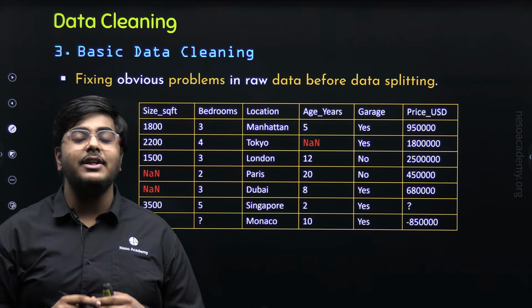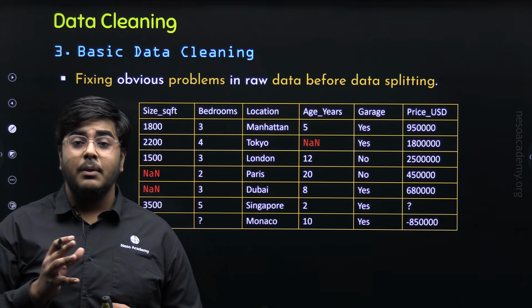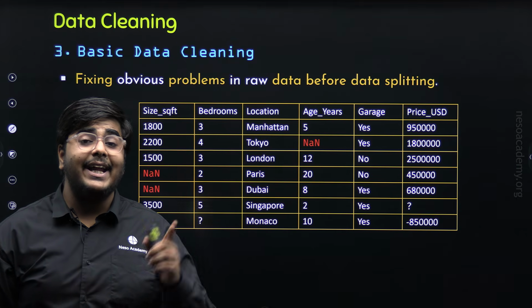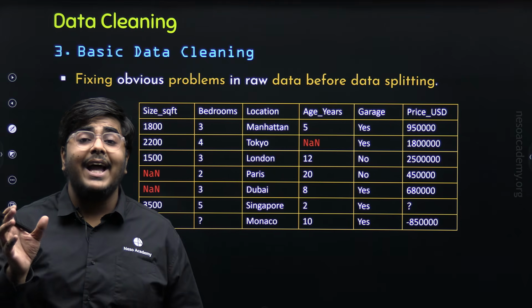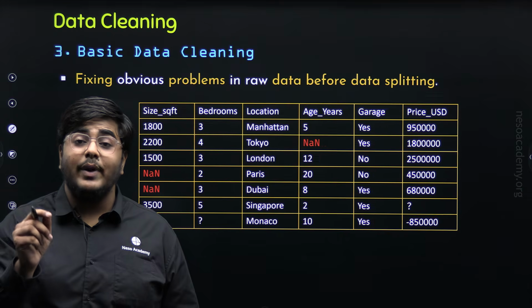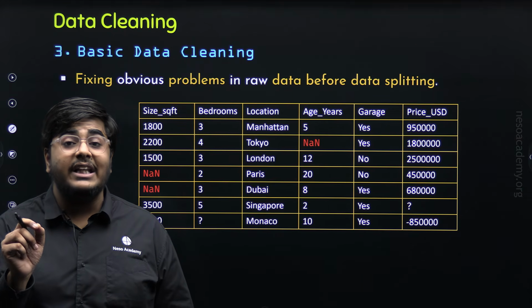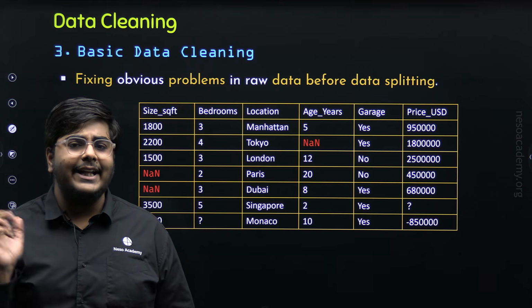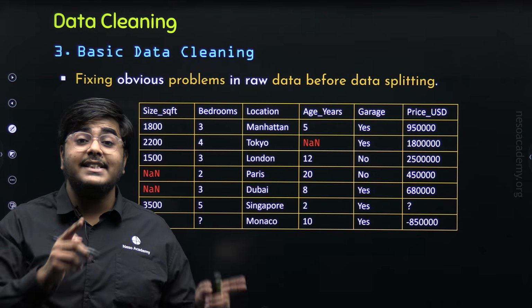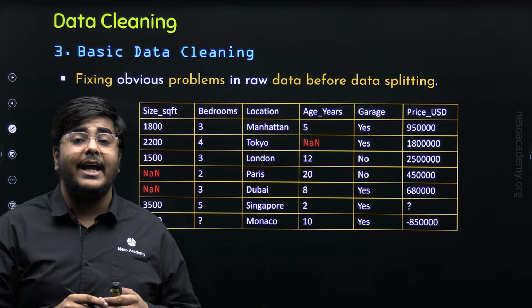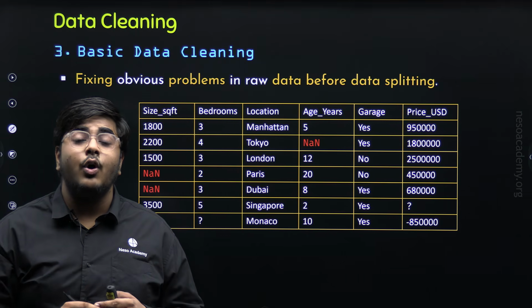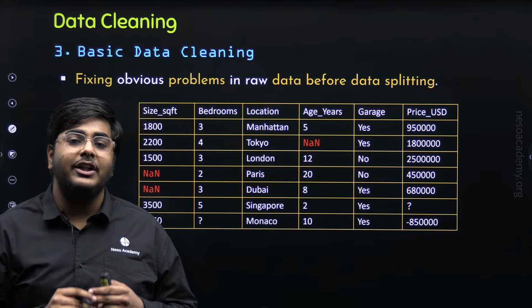Now the next operation is to check the missing values. Missing values can be represented by an empty cell, or a missing value can also be represented by any placeholder like question mark, null, none, NA or anything like that. Now if the cell is empty, then that will be directly detected by the Python libraries as a missing value or NaN, not a number.